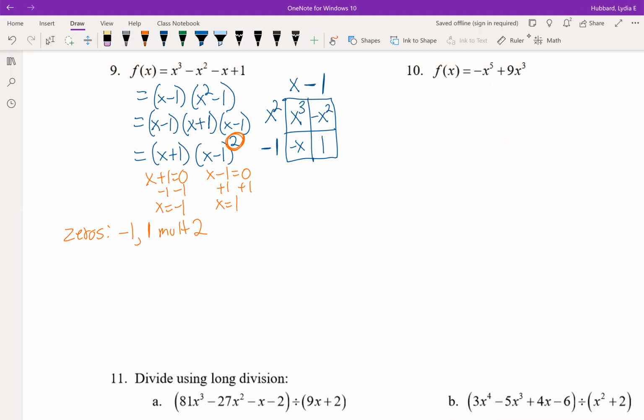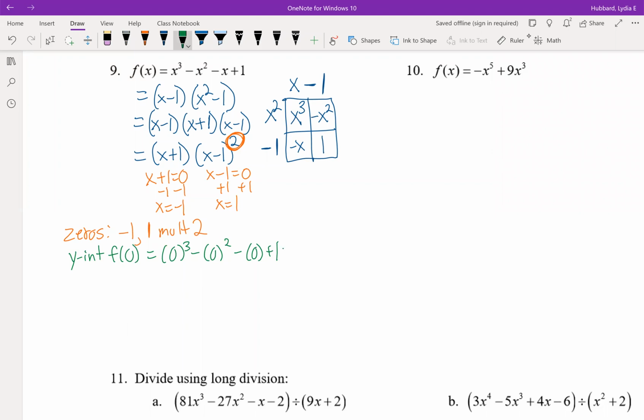Okay, so the nice thing about this one is determining the y-intercept is a heck of a lot easier because we can again go ahead and plug in 0. So we'll say f of 0 equals 0 to the third minus 0 squared minus 0 plus 1.